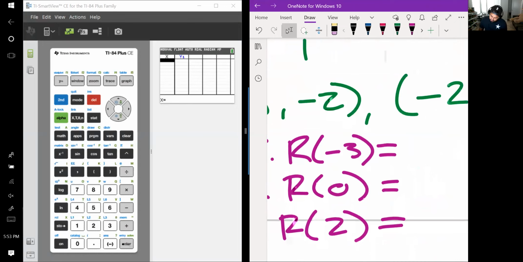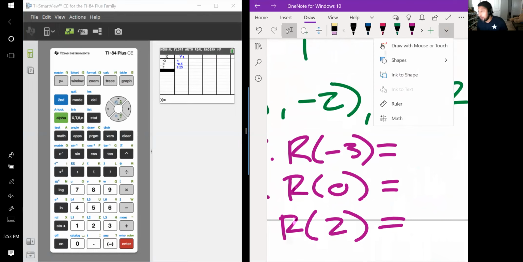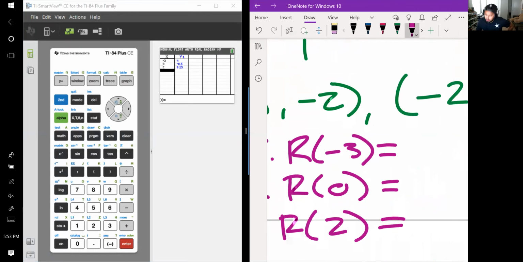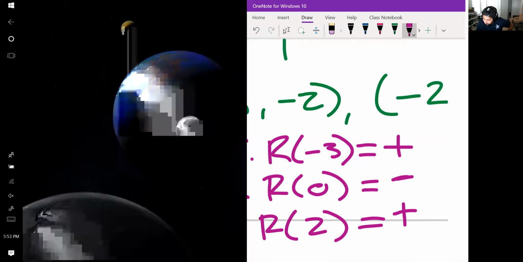We've got negative 3, 0, and 2. And once again, we do not care about the number because we're not graphing. We only care about the sign. So at negative 3, we get a positive output. At 0, we get a negative output. And at 2, we get a positive output. Calculator work is done.